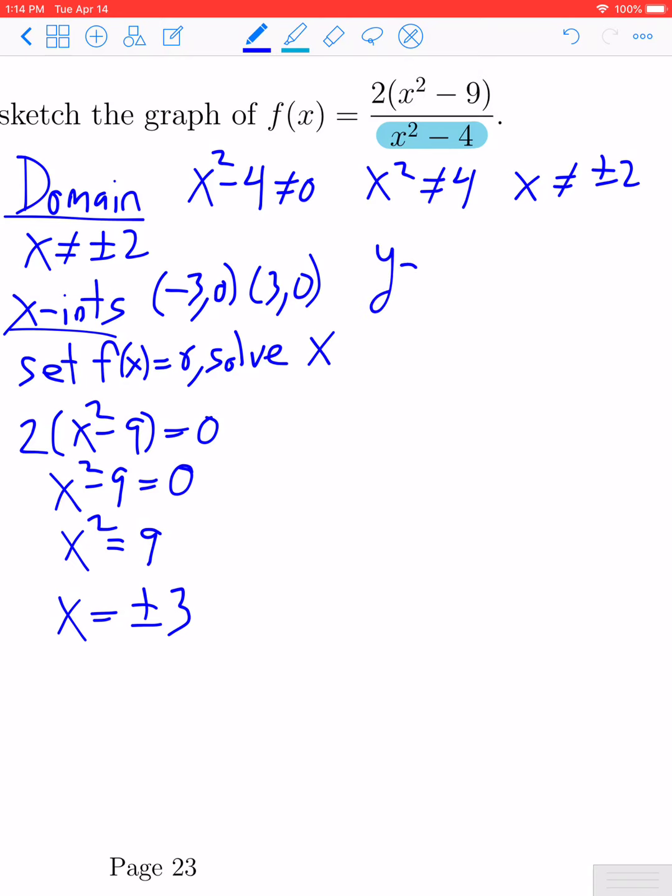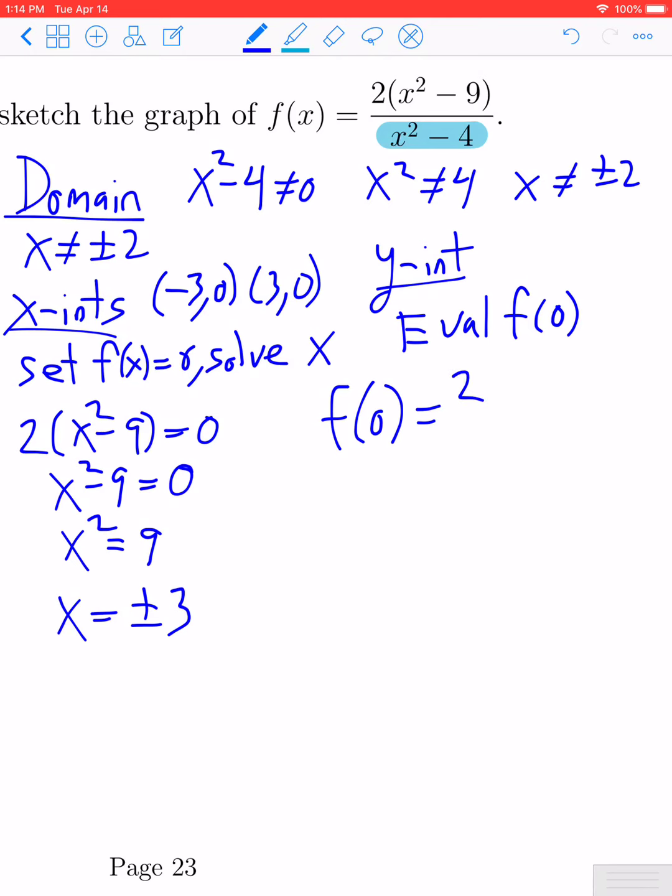We will now go ahead and find our y-intercept. To find the y-intercept, you just evaluate f of 0. So it's a different style procedure, this is an evaluation. If we plug 0 into the function, we would get f of 0 equal to 2 times 0 squared minus 9 divided by 0 squared minus 4.